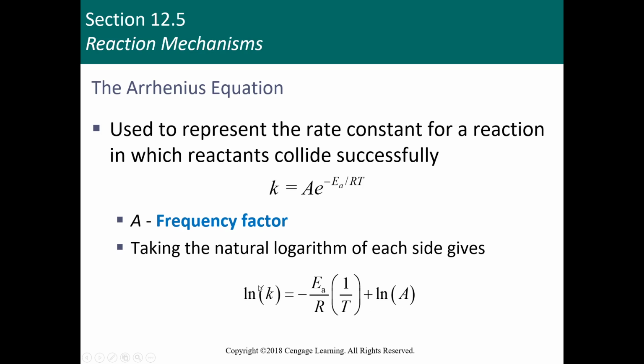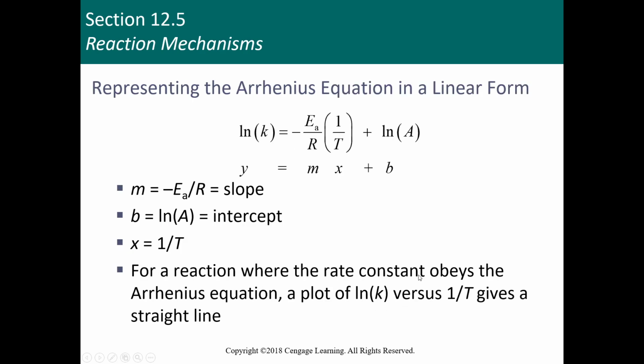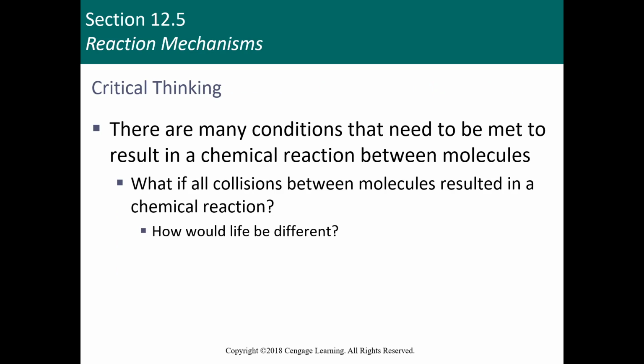You will notice, if you look very closely and blur your eyes a bit, that this gives you a linear equation: natural log of k is your y, equals, right there's your slope, right there's your x, and right there is your y-intercept. If we plot that, we can get a slope.